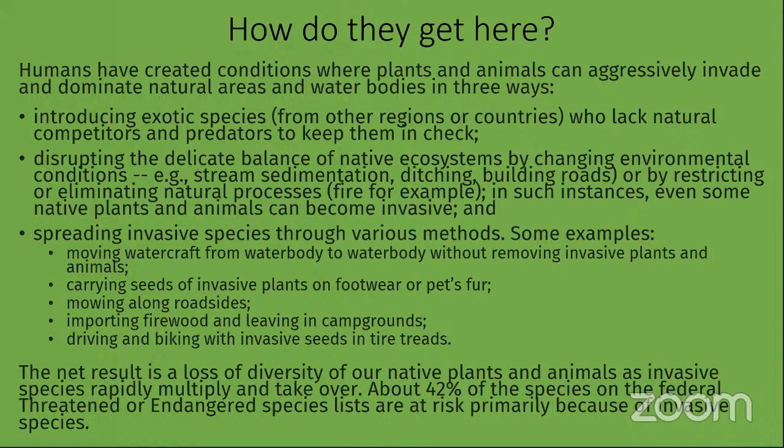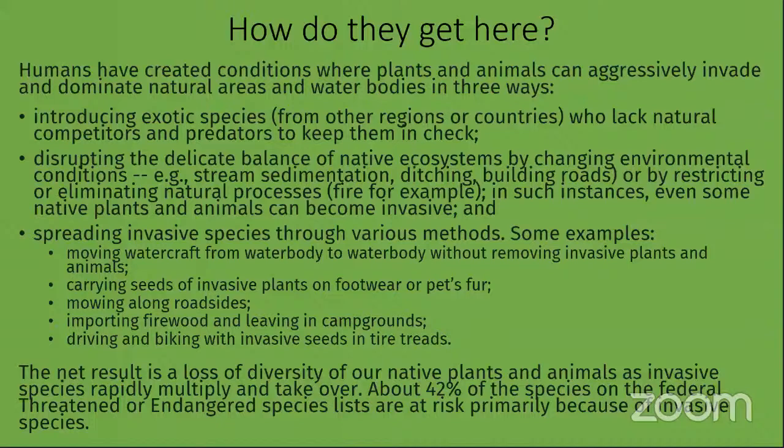We can also have invasive species here that disrupt the balance of the native ecosystems by changing the ecological and environmental conditions. For example, we have streams that fill in, we do ditching, we build roads, we restrict or eliminate natural processes.